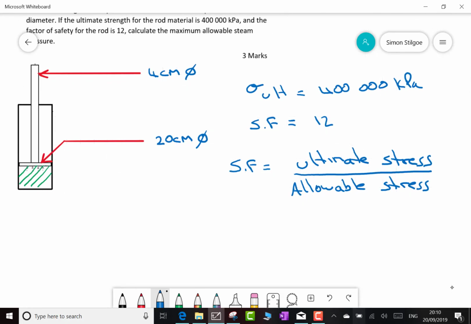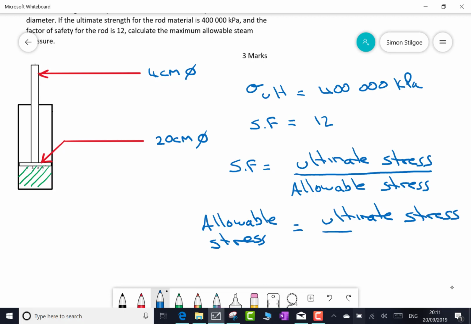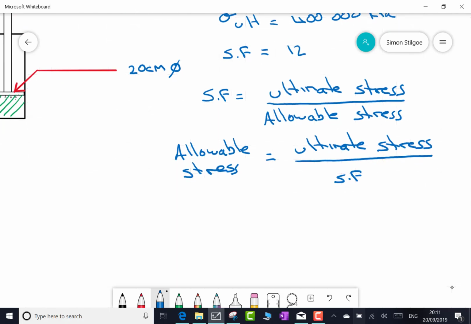So let's do that. Rearranging our formula, my allowable stress is equal to my ultimate stress divided by my safety factor. So putting some values into that now, my ultimate stress is the 400,000 kilopascals that was given in the question.